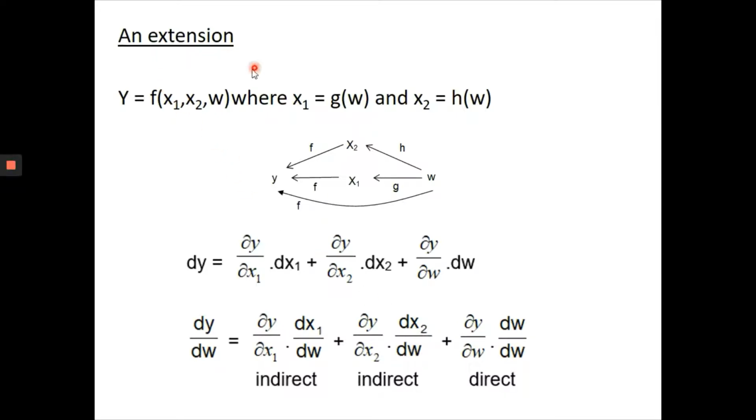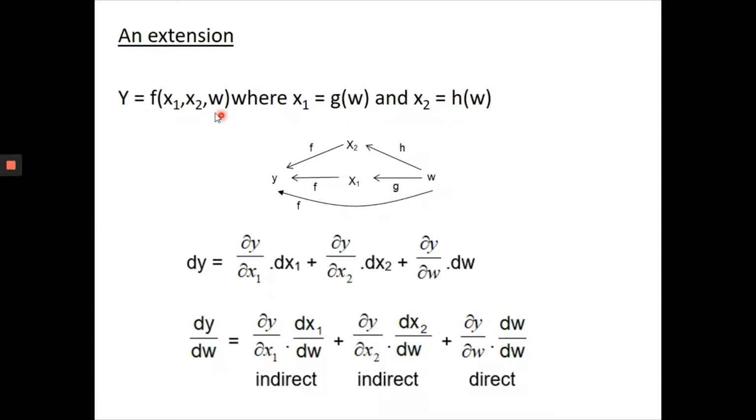We now work with this extension here where y is a function of x1, x2, and w, and x1 is a function of w, and x2 is a function of w. So what we have here is w affecting y through three channels.